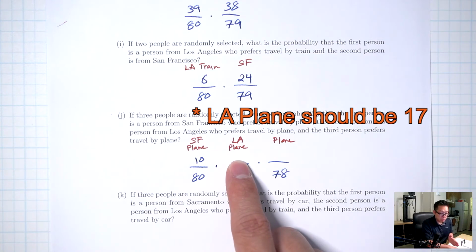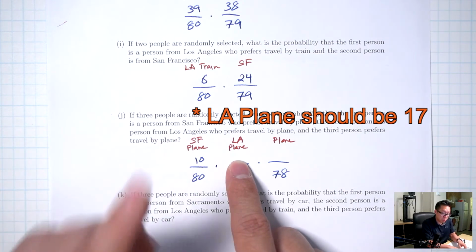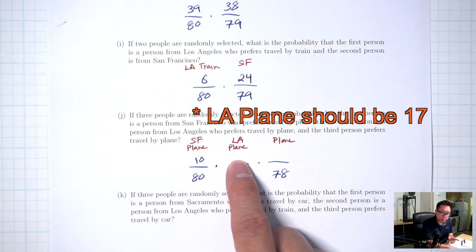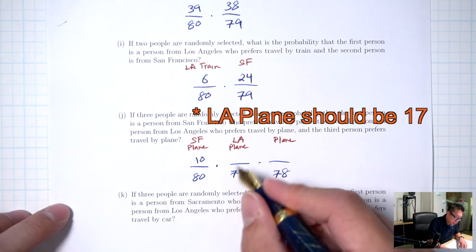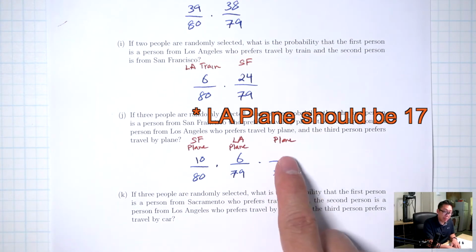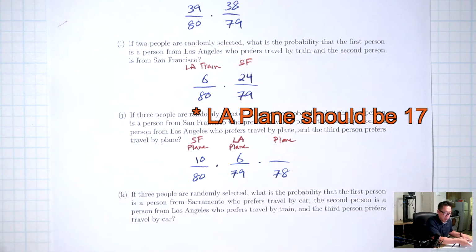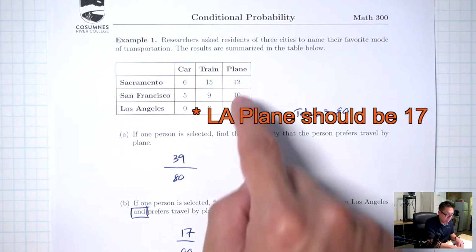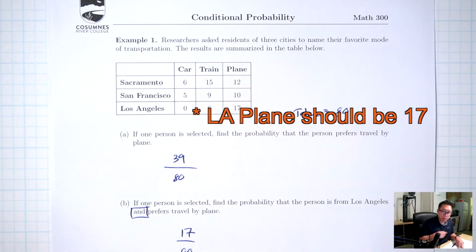I have not, right? I used SF plane, but I haven't used exactly LA plane yet. So I should have the full 6. Third fraction is just plane, no city attached. So plane would be 12, 10, 17.